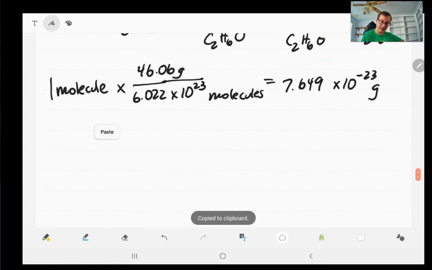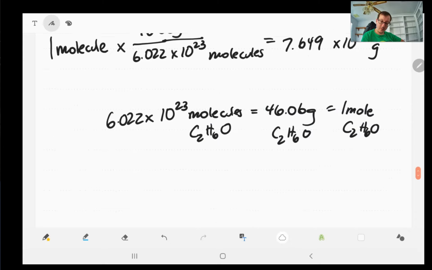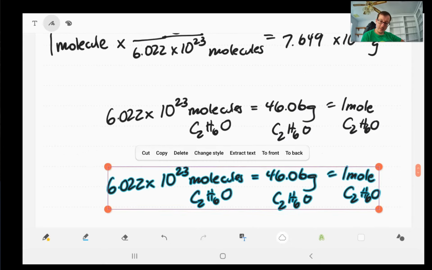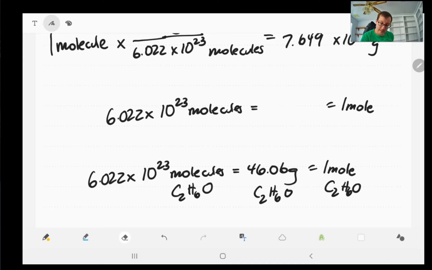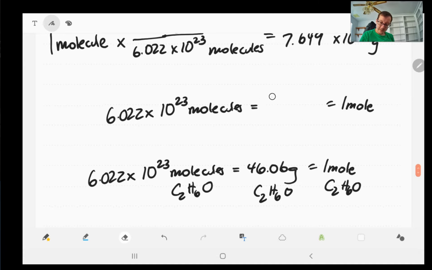So if we're looking at water molecules, for water, we calculated earlier, 18.02 grams water is equal to 1 mole water, which is equal to that many molecules of water.